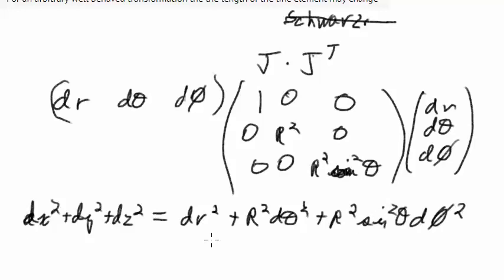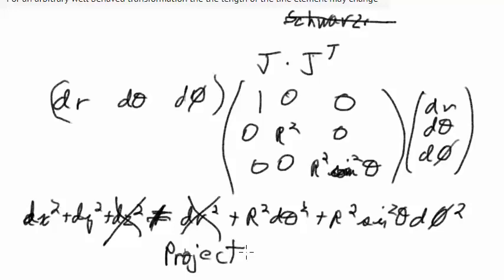And when you do this, then these actually come out equal. But when you cross off this and this, then these are not equal. And that becomes the projection that Anamitra was talking about.